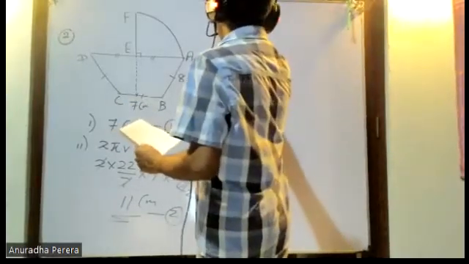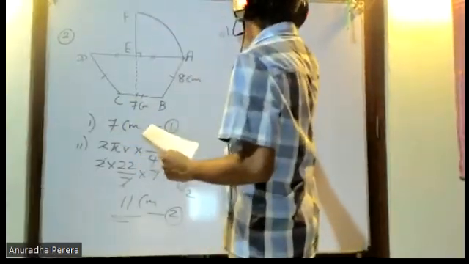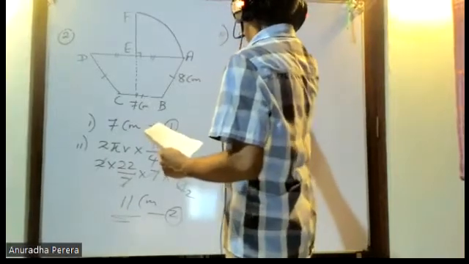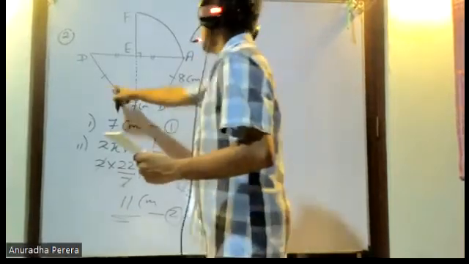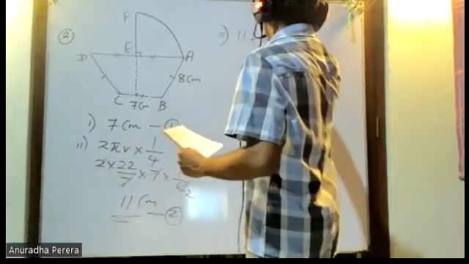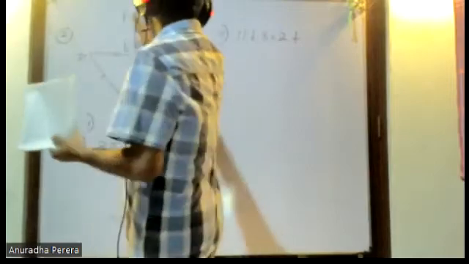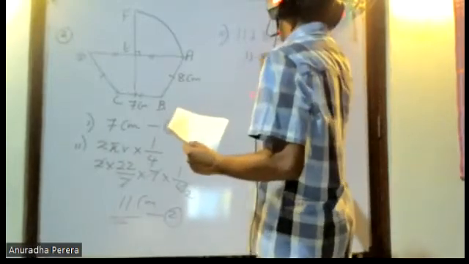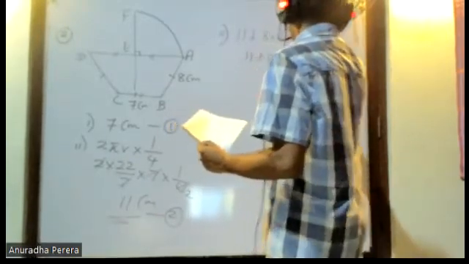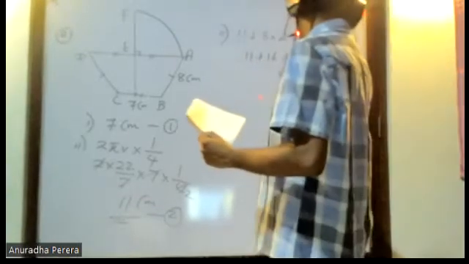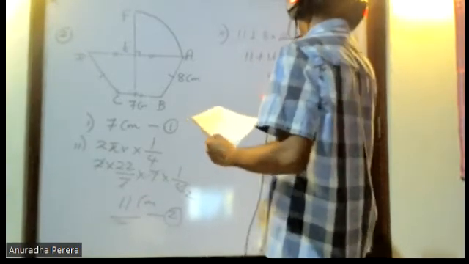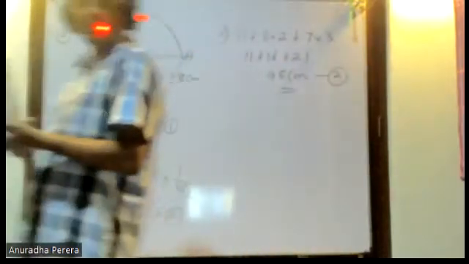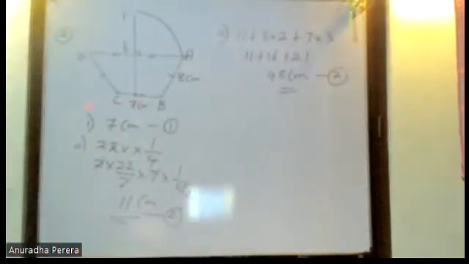This one is 11, plus there are two 8s, plus how many 7s? 1, 2, 3, so 7 into 3 is 21. 11 plus 16 plus 21 gives 48 cm. 2 marks. Yes, this answer is 48.